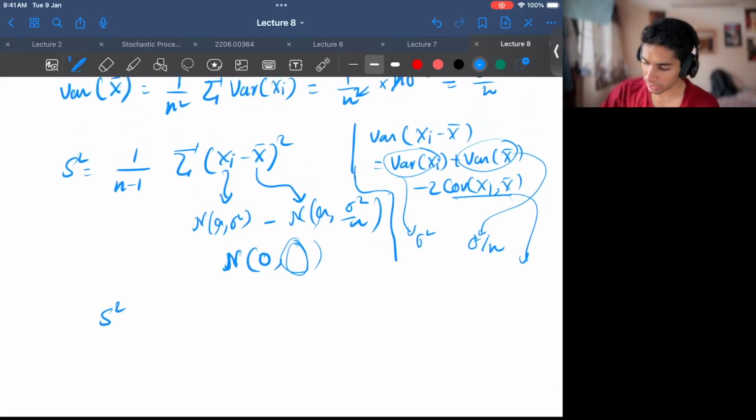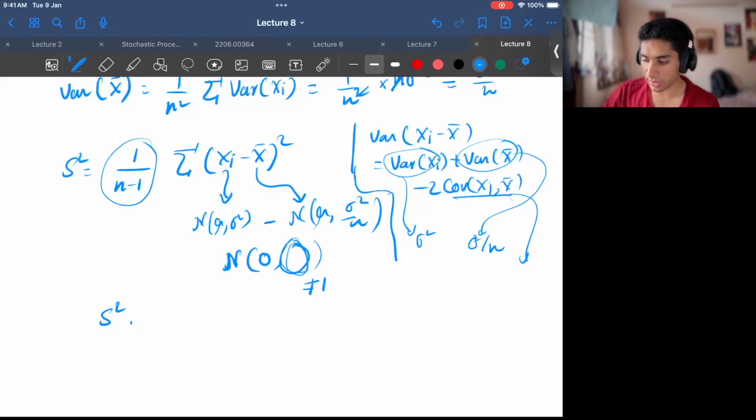S square is a sum of normal random variables. However, this is not the sum of standard normal random variables, because this variance is not equal to 1. Afterwards we are scaling it by 1 over n minus 1.